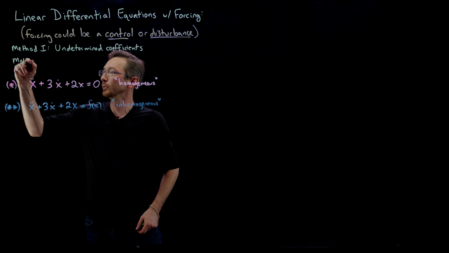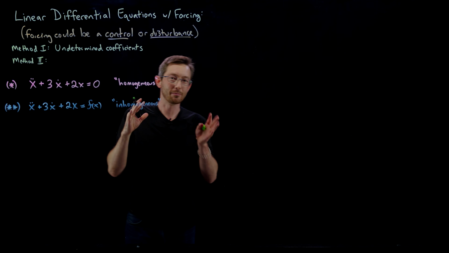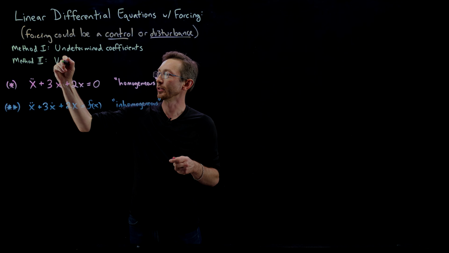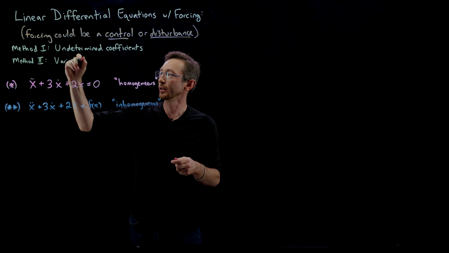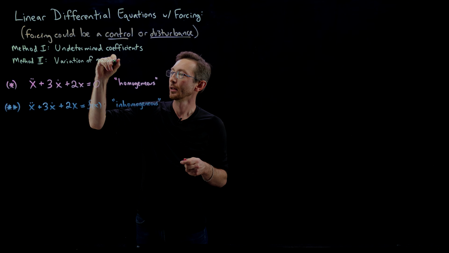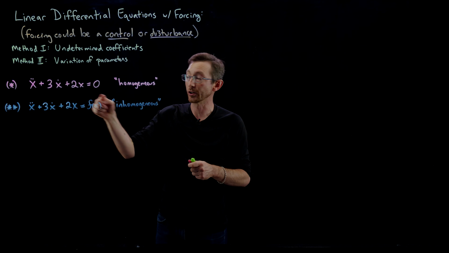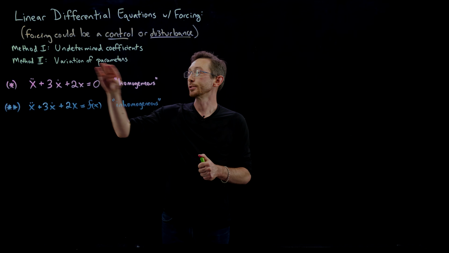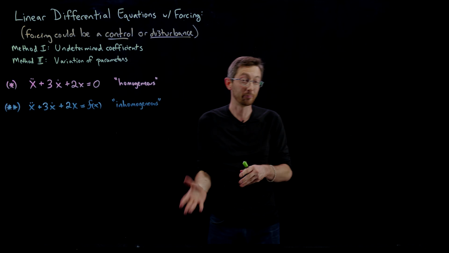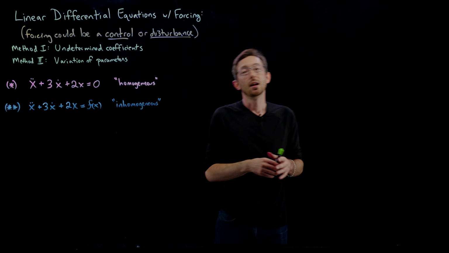And method 2, which is much more powerful but a little bit messier, is called variation of parameters. And variation of parameters is going to work for a broader class of functions f of x, and it's also going to be essentially when we solve partial differential equations later using the Laplace transform.